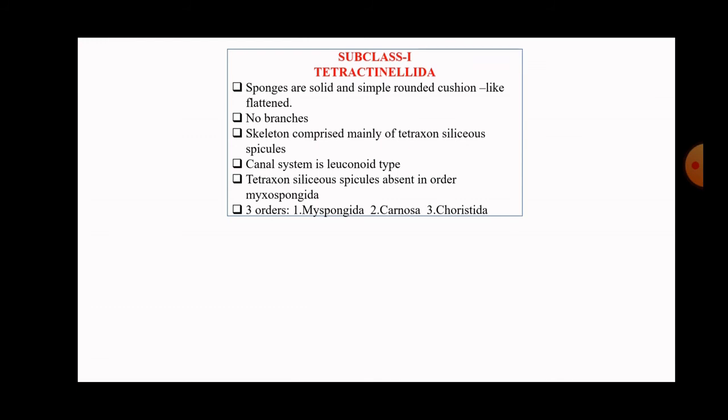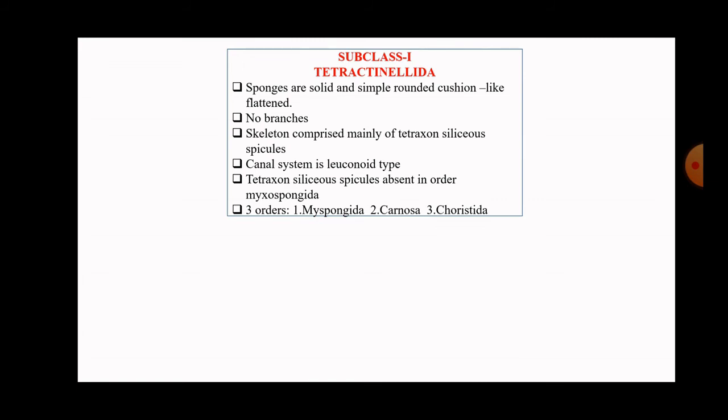Yes, let us start with the subclass 1 Tetractinellida. These sponges are solid and simple, rounded, cushion-like and flattened animals. They don't have any branches. In these animals, the skeleton mainly contains tetraxon siliceous spicules.